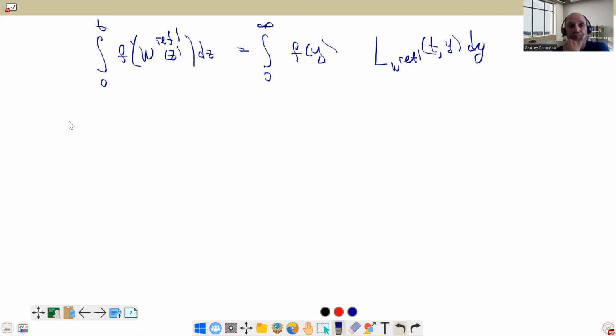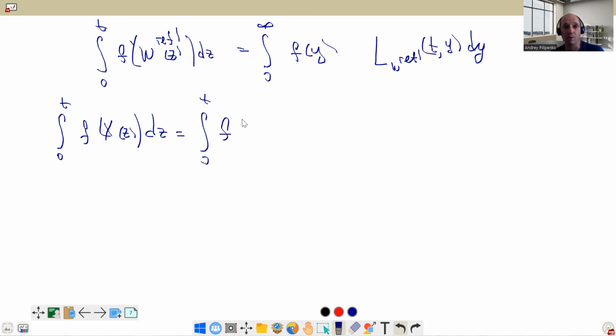Now, let us calculate the integral of f of X of z dz. And we know that this square of Bessel process is a transformation of a reflected Brownian motion.